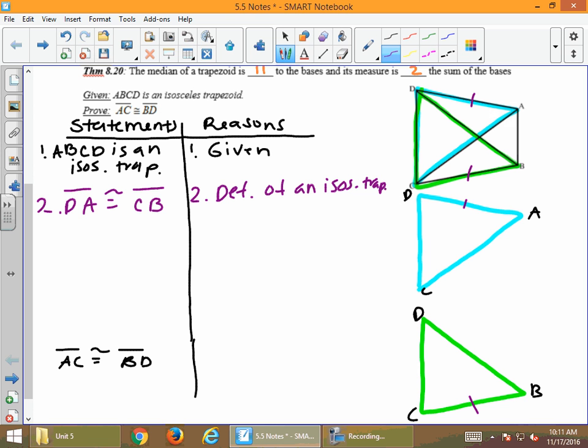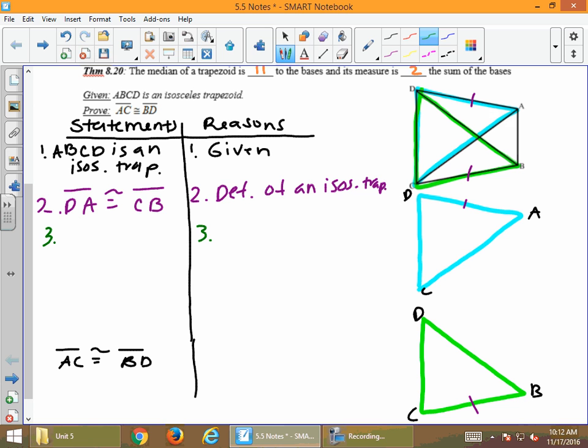Okay. We know isosceles trapezoids' legs are congruent. Okay, what else do we know about isosceles trapezoids? Okay, raise your hand. We know that their legs are congruent. What's another thing we said? Yeah, the base angles are congruent.